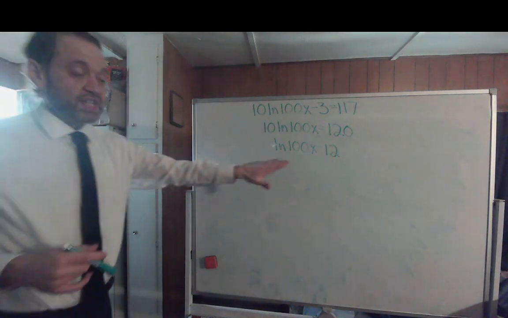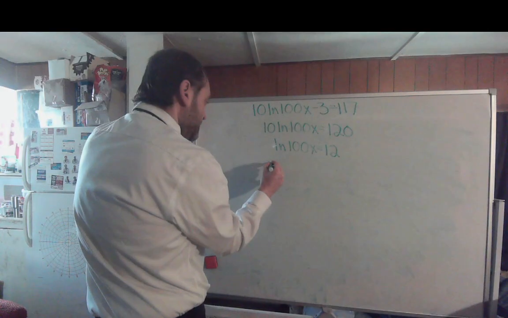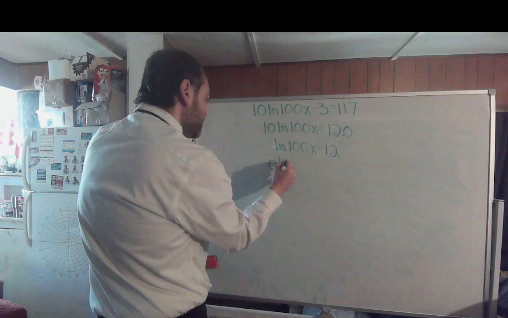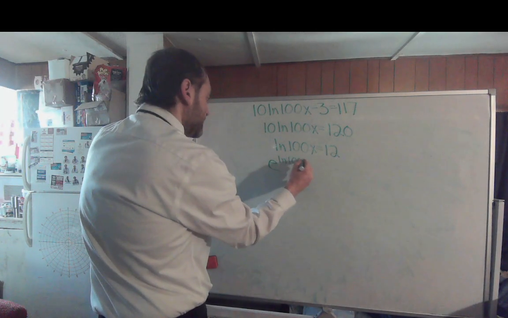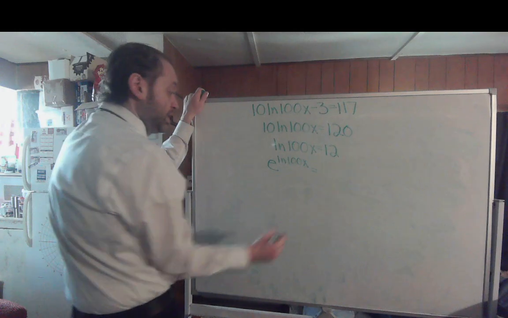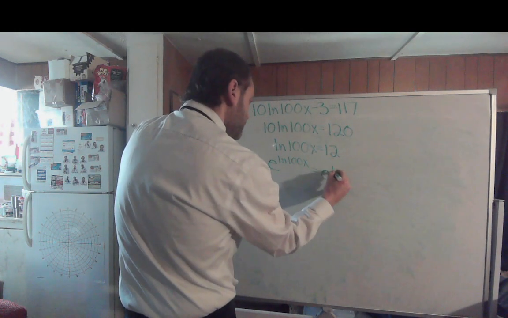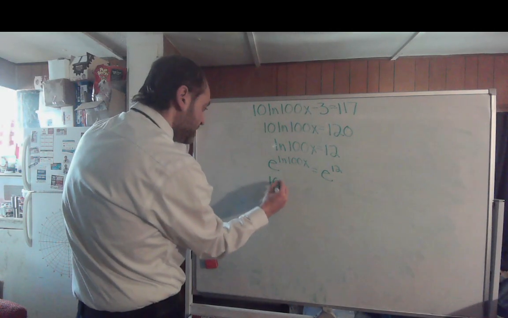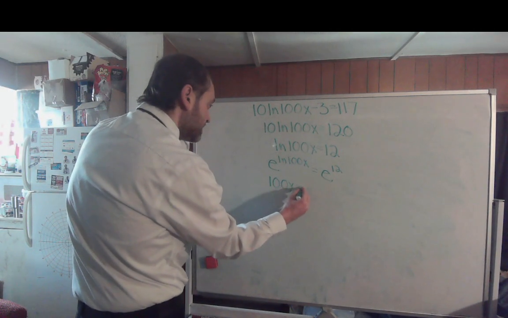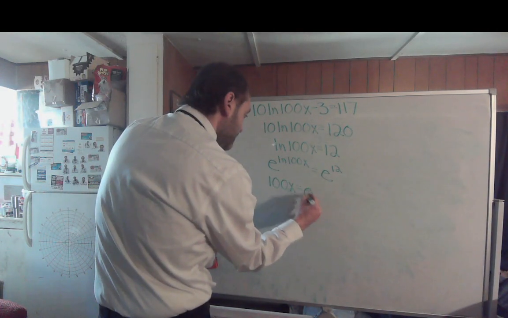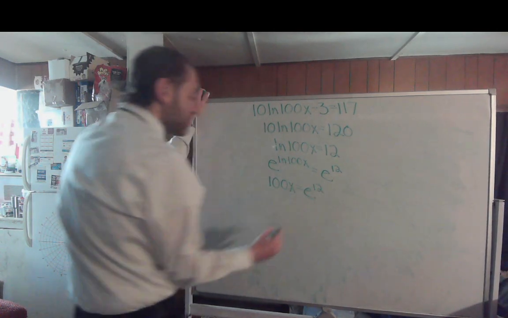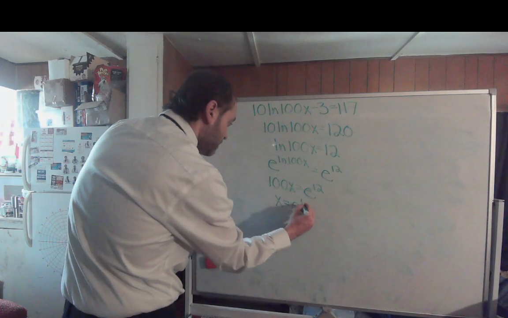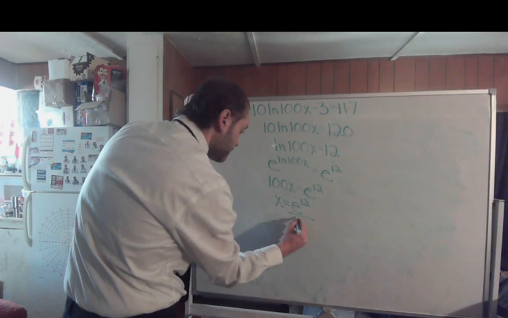So now we just take e to the power of both sides. So you would end up getting e to the natural log of 100x would equal e to the 12th. So the log cancels out. You just get 100x equals e to the 12th, which would then mean that x would equal e to the 12th divided by 100.